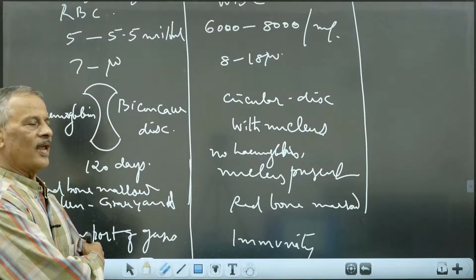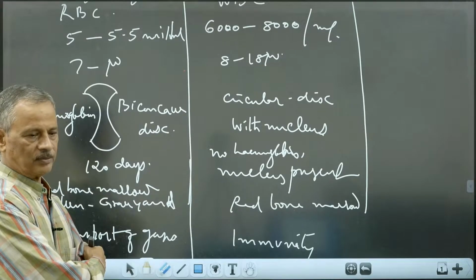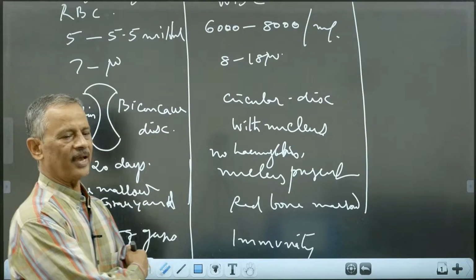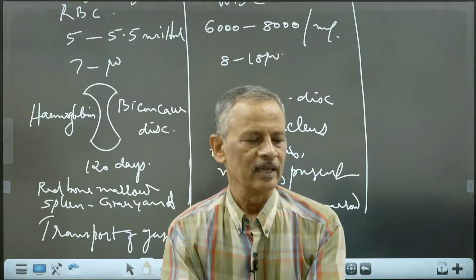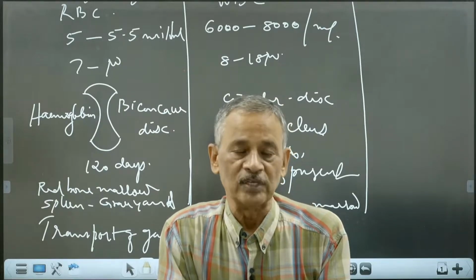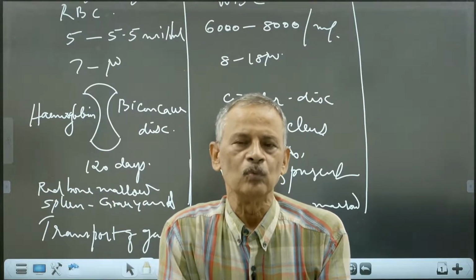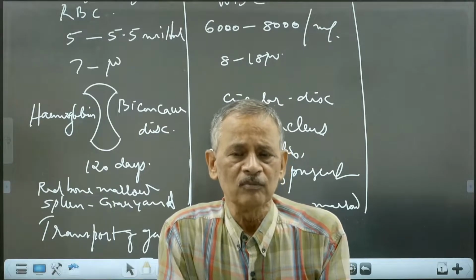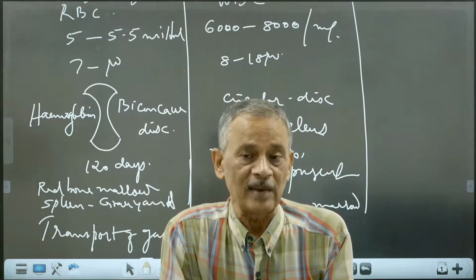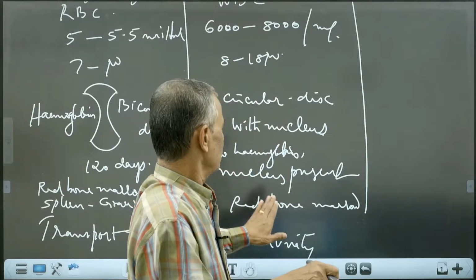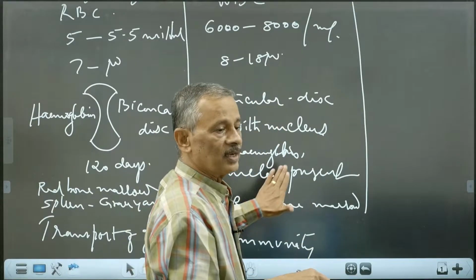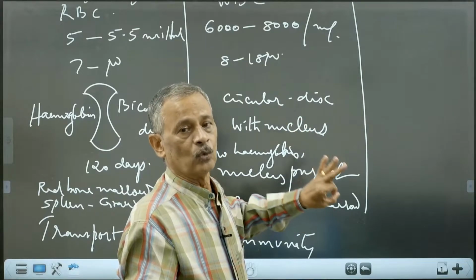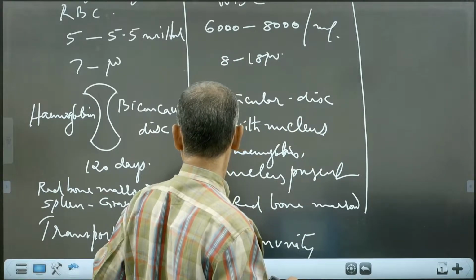And the lifespan is very variable because we are having different types of WBCs, but generally the lifespan is less than, say for example, a few hours.